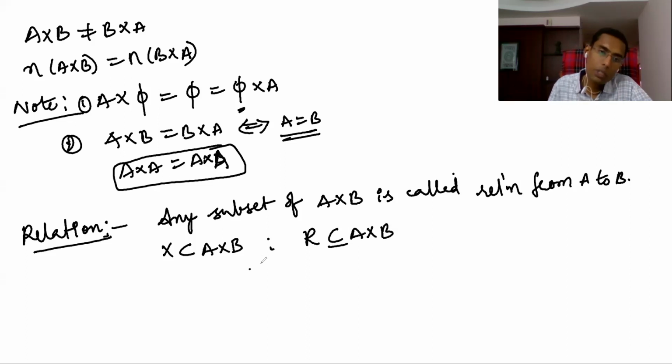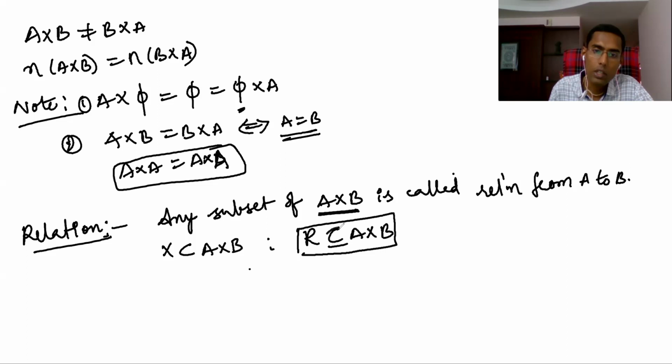Now already you know subsets. How many subsets exist for A cross B? You know, all those subsets are called simply relation from A to B. Relation from A to B, very simple definition. A cross B, how many subsets you get? That many relations exist from A to B. So here I wrote very clearly, relation is subset of A cross B.